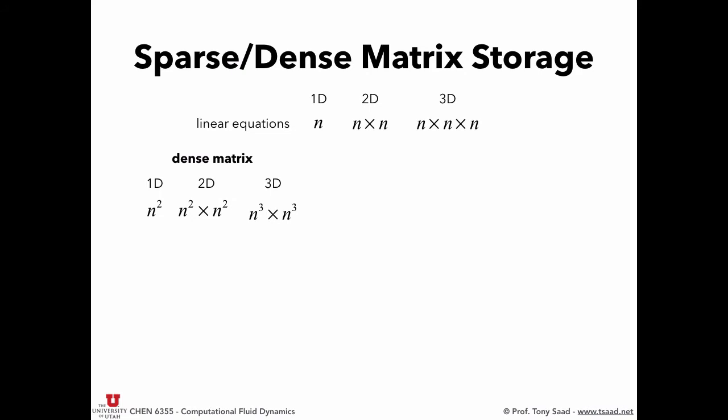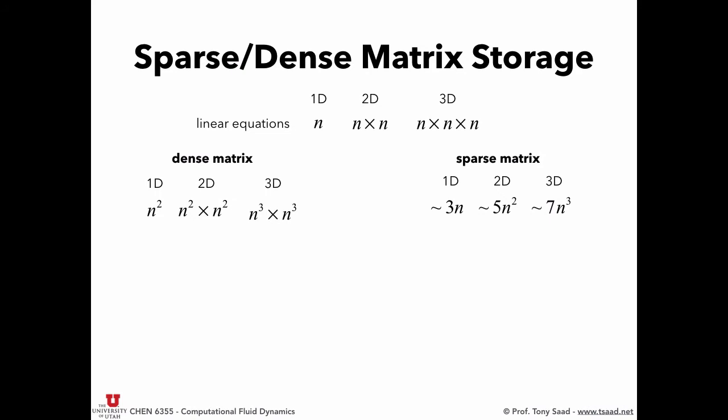Now, if we want to get rid of the zeros and just count the non-zero diagonals, for 1D you only have 3n non-zero entries. You have the main diagonal, the upper diagonal, and the lower diagonal.